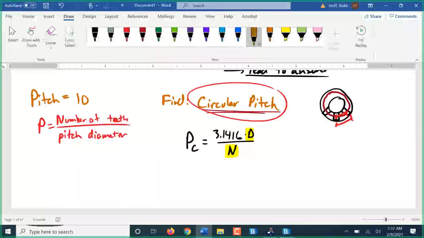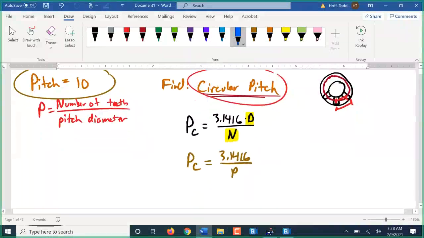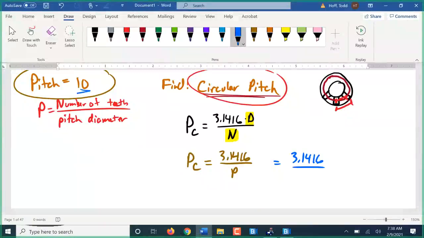But if we keep looking, there's another formula given for circular pitch, and that is 3.1416 divided by the pitch. That formula will work because we have the pitch of 10 here. So to find our circular pitch, it's pi, 3.1416, divided by the pitch, which is 10.